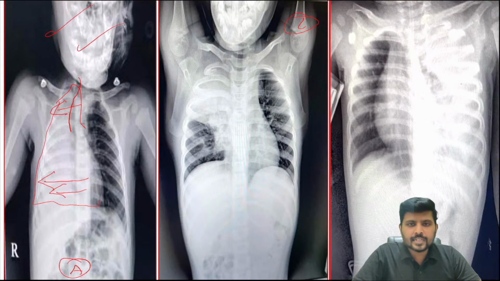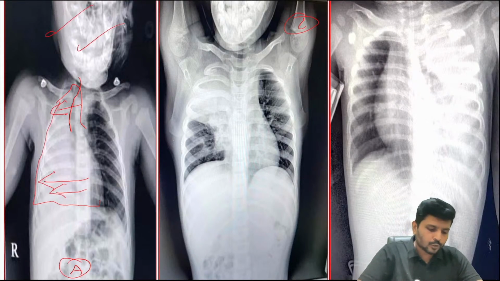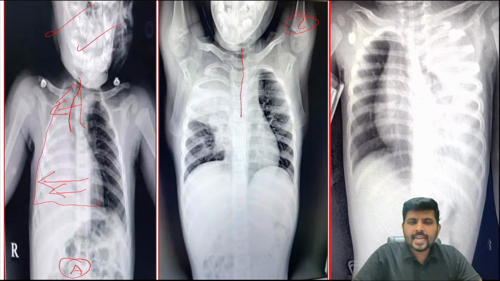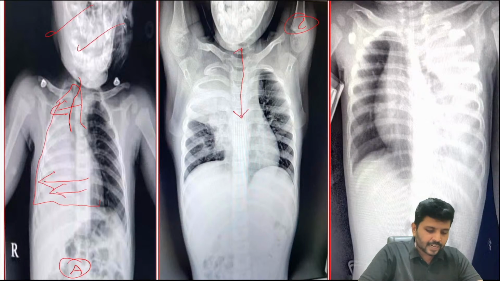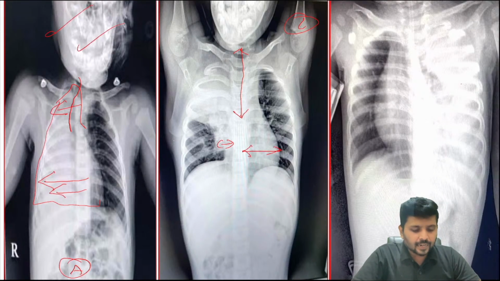What happens in the second X-ray? The trachea is in a straight line, neither pulled nor pushed. One third of the heart is on the right side of the vertebral column. Another two thirds of the heart is on the left side of the vertebral column.